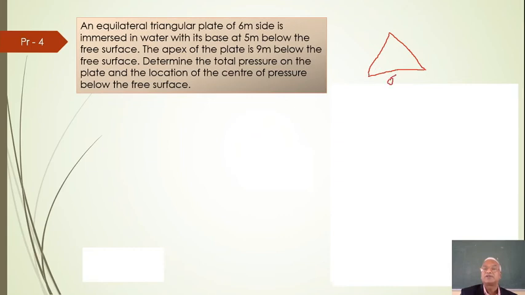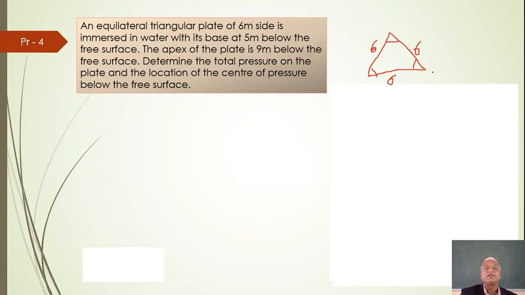So this is 6, this is 6, this is also 6, this angle is 60, this angle is 60, this angle is also 60. That is what an equilateral triangle is. It is immersed in water with its base at 2.5 meter below the free surface. The apex of the plate is 9 meters below the free surface.